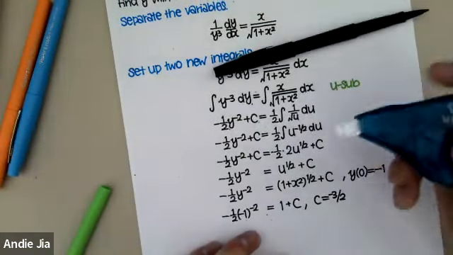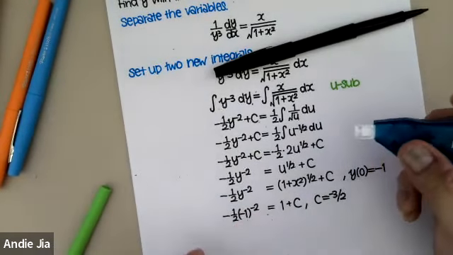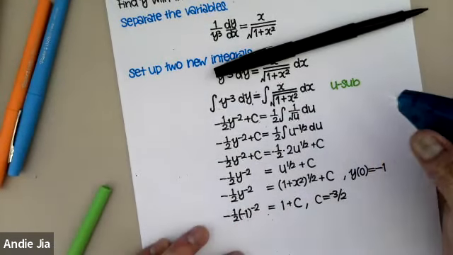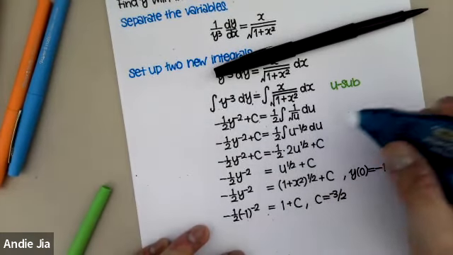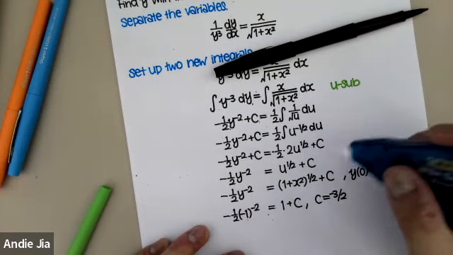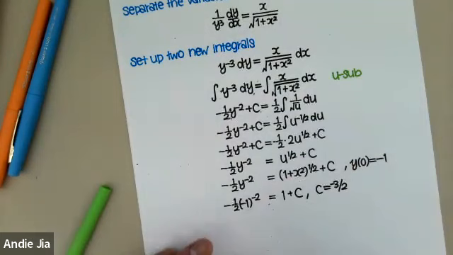Sorry if I'm making a mistake here. I forgot a negative 2 here. Oh wait, never mind. Here it's going to be negative 2.